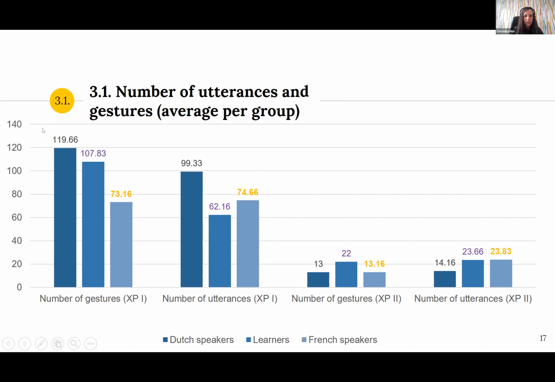And we can see that the Dutch native speakers produced more gestures and more utterances to describe the motion events. So in total, for the first experiment, I analyzed 1,800 gestures and 415 utterances. And then the second experiment was shorter.